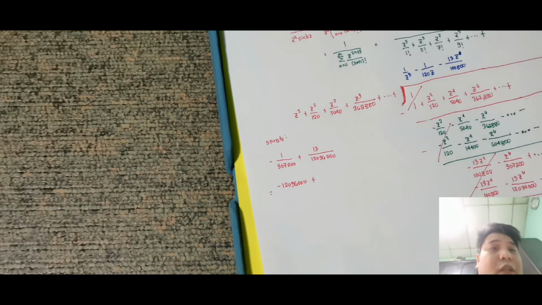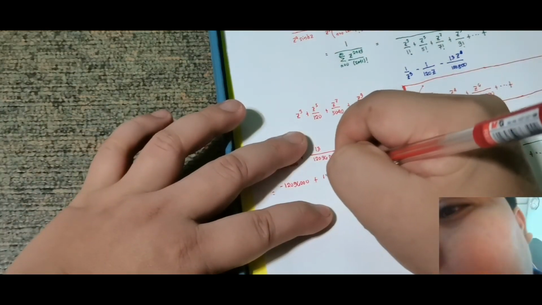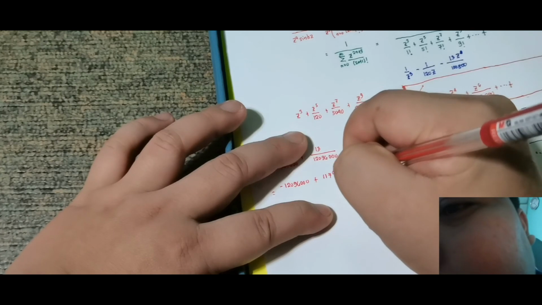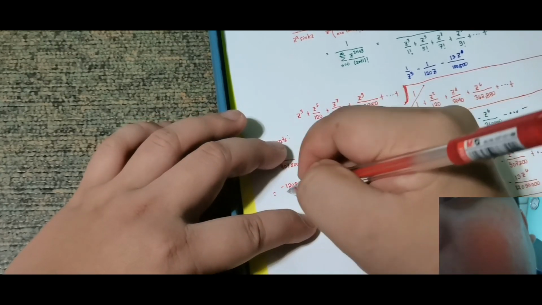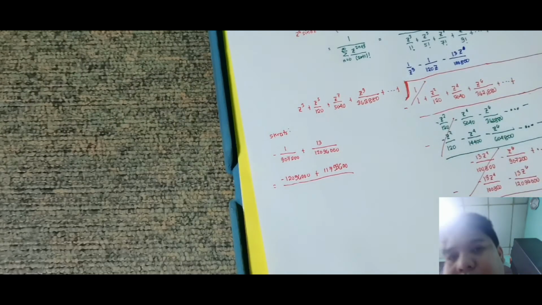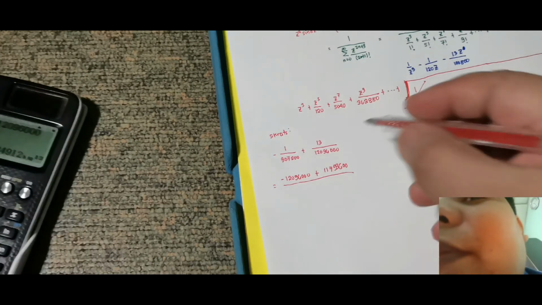So 13 times 907,200. So this is 11,793,600. Okay, then all over, multiply natin yung else denominator. So 907,200 times 120,096. So medyo makatotohanan pa to.